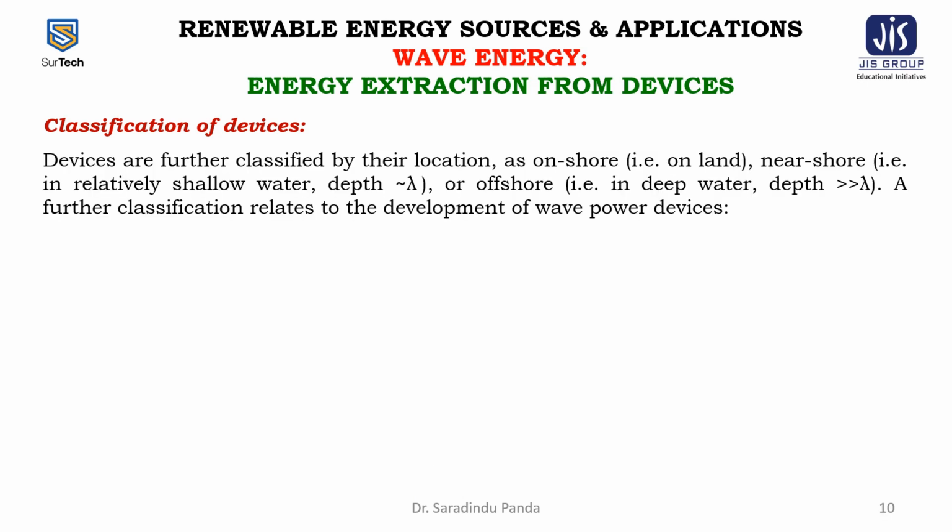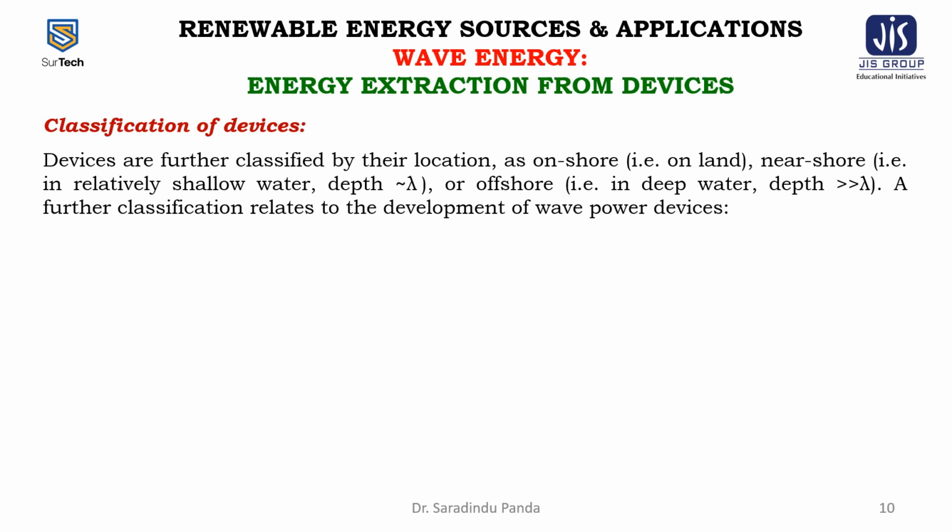The devices are further classified by their location, as onshore or near shore, which is relatively shallow water with depth approximately lambda, and offshore, where in deep water the depth is greater than lambda.